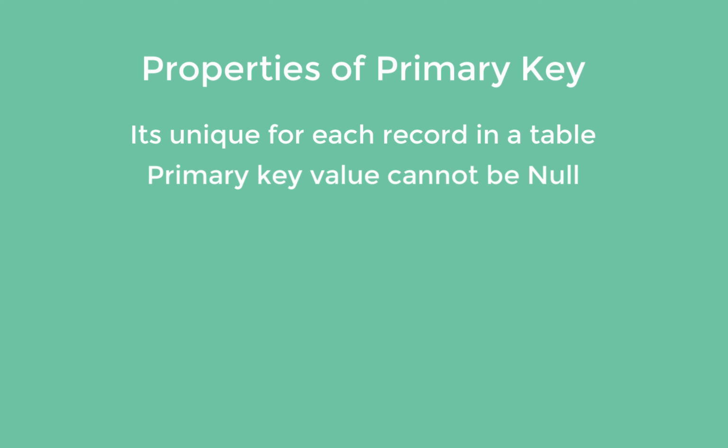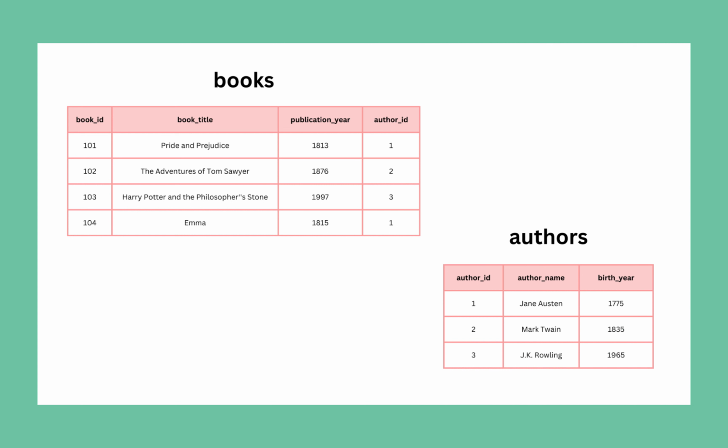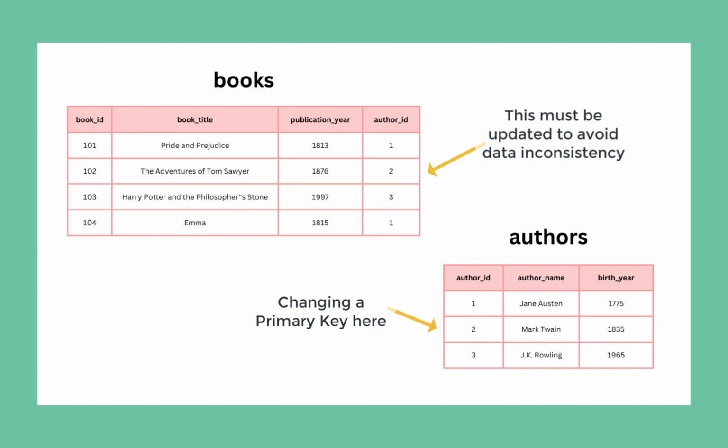The third one is immutable. Immutable means the primary key value should not change over the lifetime of a record, because modifying primary keys would lead to complications in maintaining data integrity. Because if you change a primary key and that primary key is being used as a foreign key in another table, then not updating those will lead to a data integrity issue, correct?